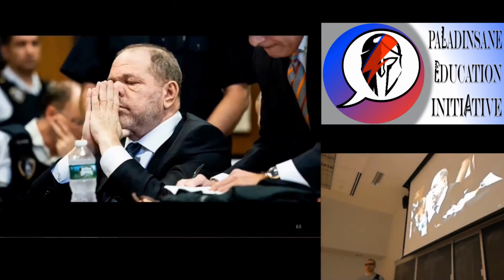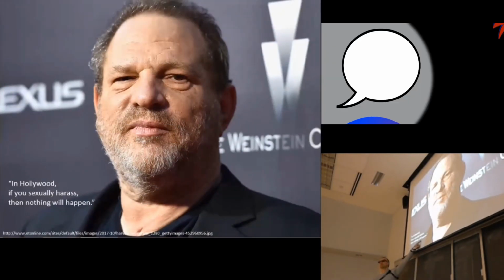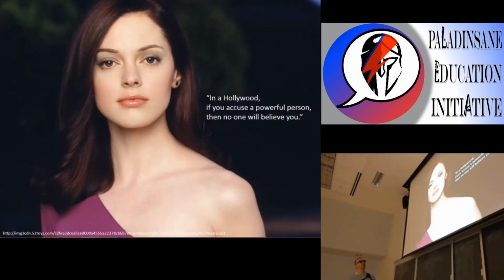That rule became insensitive to the actual contingencies. And we know that because Harvey Weinstein is currently on trial for rape. So the rule of nothing will happen is clearly false, clearly insensitive to the contingencies in today's society. You take a look at Rose McGowan. In Hollywood, if you accuse a powerful person, then no one will believe you.